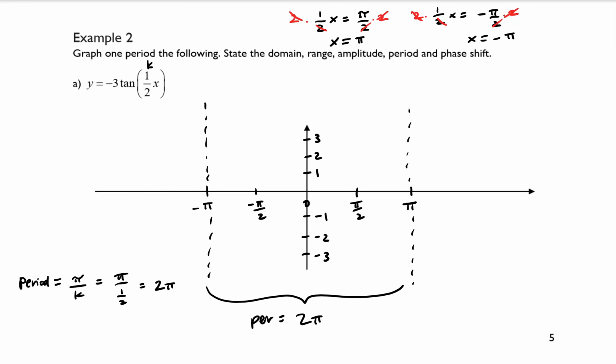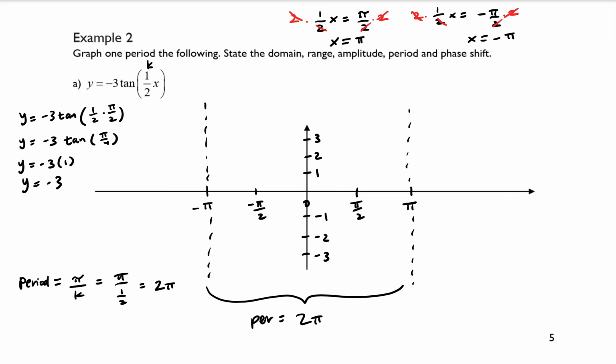Okay, so if I plugged in pi over 2, I have y equals -3 times tangent of 1/2 times pi over 2. That's going to end up simplifying to -3 times tangent of pi over 4, and that equals -3 times 1, which will end up being -3.